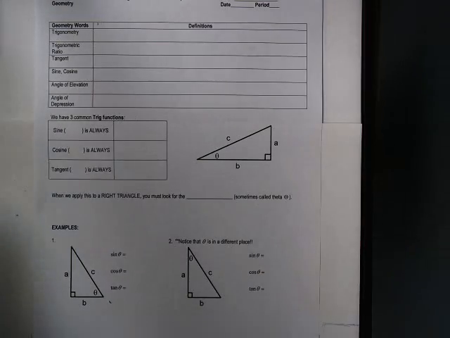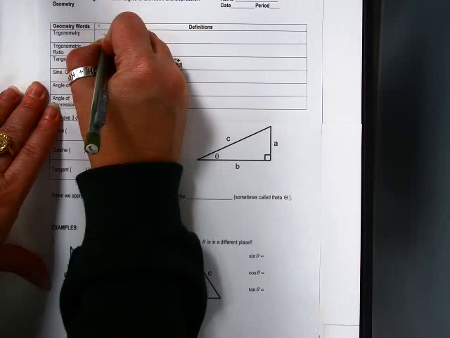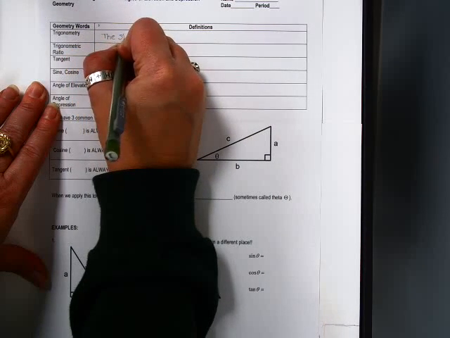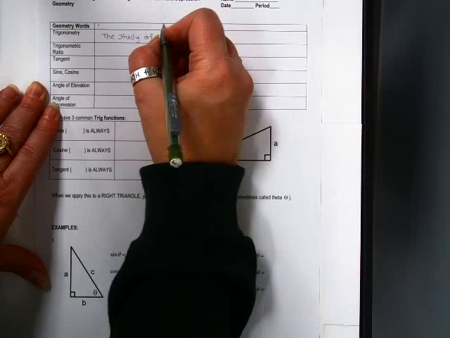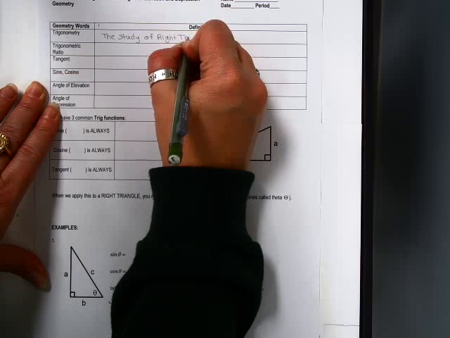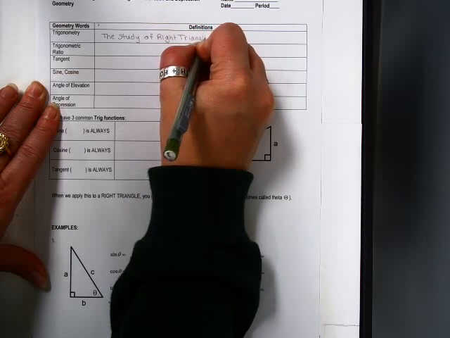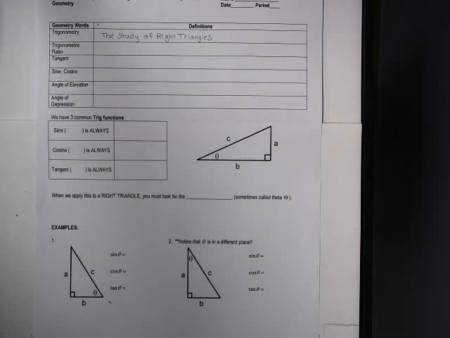We're going to start our lesson today with some vocabulary. Trigonometry is the word I mentioned first. It is the study of right triangles. When we're studying trigonometry, we really study trigonometric ratios.